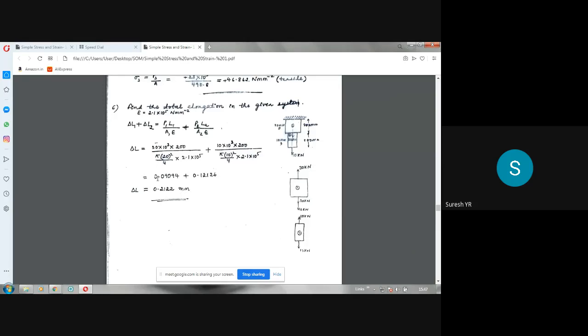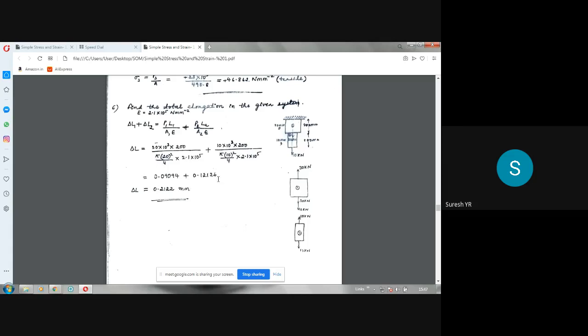So delta L1 is this, 0.09094. Epsilon 1 is delta L1 divided by L1, and L1 is 200 mm, the initial length. The 200 mm is the length of the second portion also. So this is delta L2, divided by 200, which gives epsilon 2. So yes, epsilon 1 and epsilon 2.